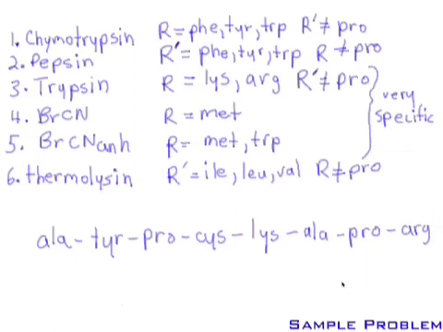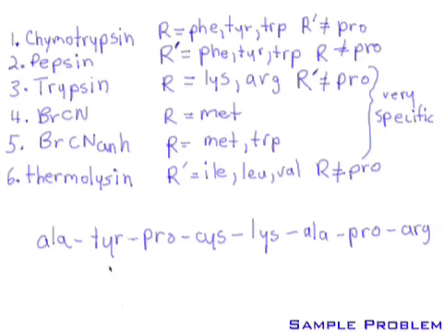Let's say we applied chymotrypsin to this. Where would chymotrypsin cleave? R means to the right of. So find phenylalanine, tyrosine, or tryptophan. We've got a tyrosine, no phenylalanine, no tryptophan. So it would cleave to the right here, except it says you can't have a proline for R'. That is, the bond you're cleaving can't be attached to a proline. So chymotrypsin would not cleave this molecule.